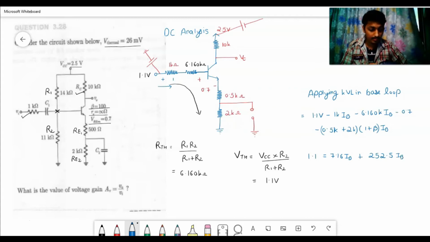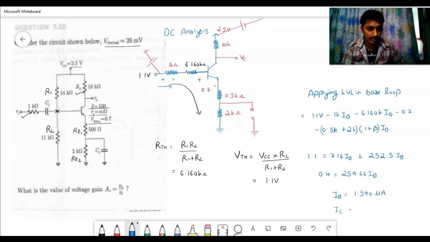1.1 minus 0.7 will come as 0.4, equating this: 7.16 plus 2.5 times 101, so 0.4 divided by the answer is IB. It comes out to be 259.66 IB, so IB will be in microamperes: 1.540 microamperes.